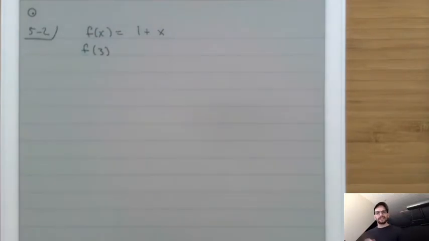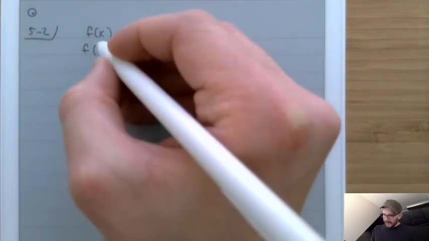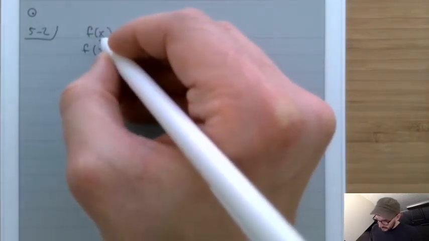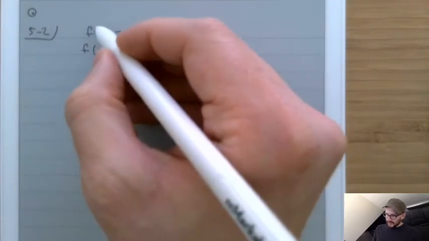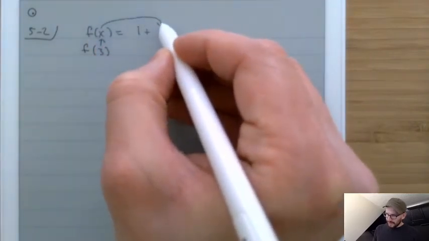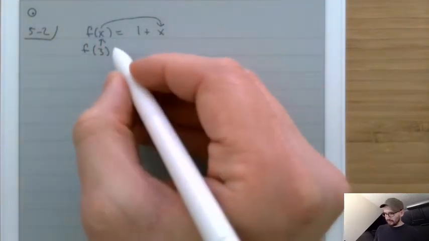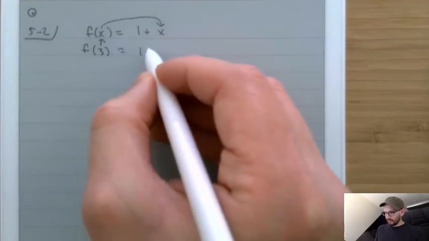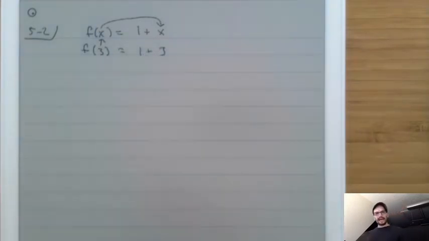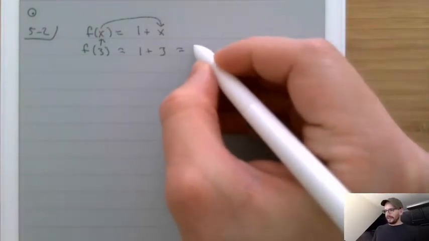I could go downstairs and ask one of my kids right now how to do this. What they would say is that you take this f and you take the 3 and you plug it into the x. Then you find all the places where x appears and replace them with 3. So f of 3 is equal to 1 plus 3, and now you have a normal equation that you just evaluate like normal, and you get 4.